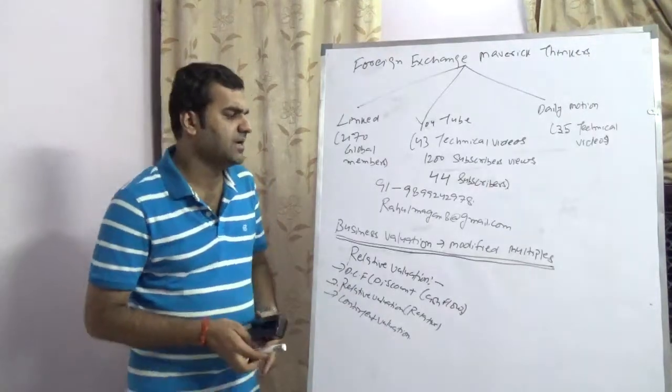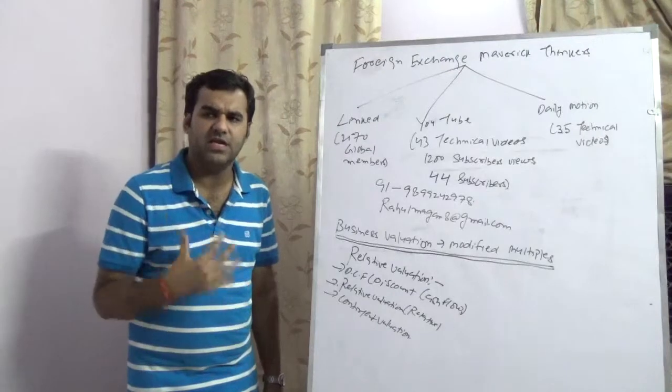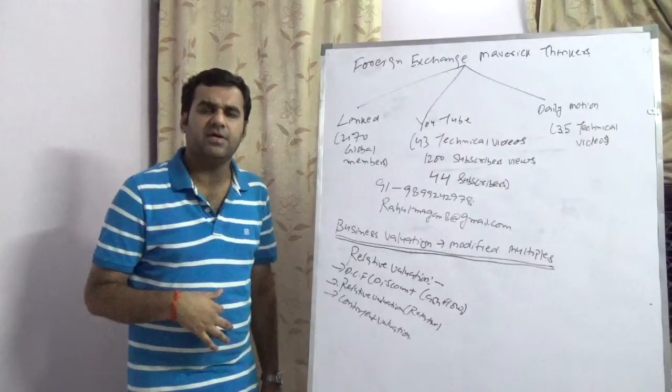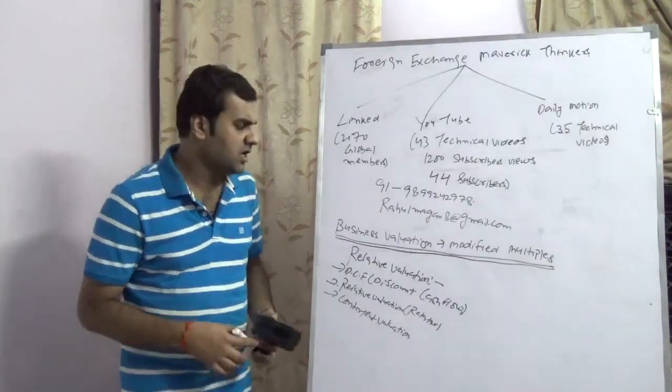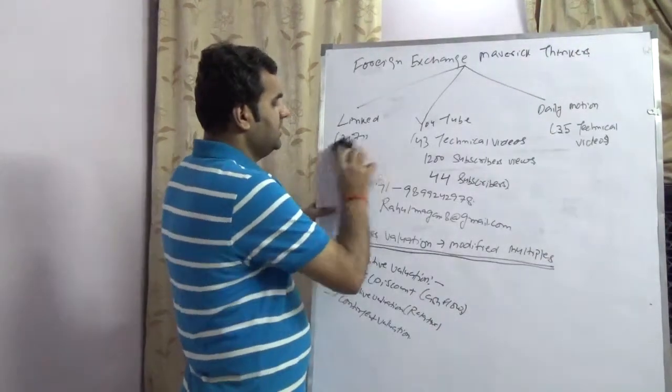Now take a very simple example. Relative valuation is nothing but an art of valuation wherein you are comparing the same asset classes in the same industry. In relative valuation, you have one of the multiples which is known as PE.